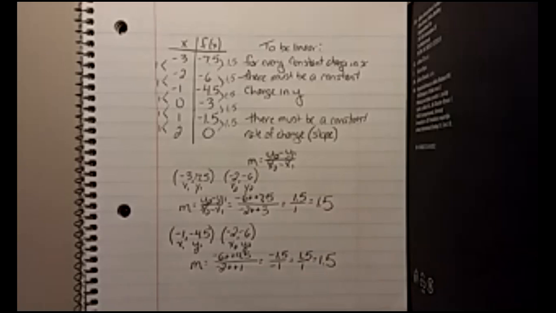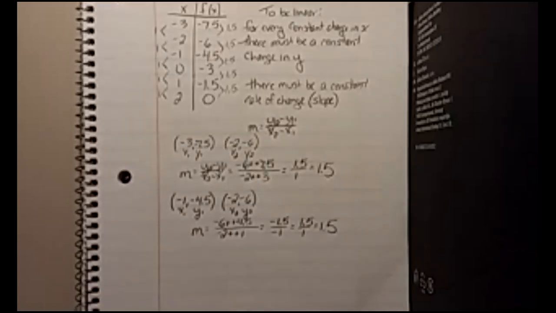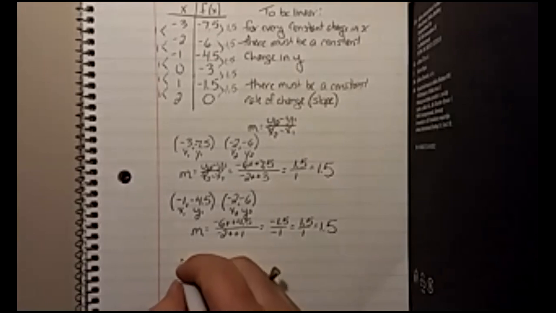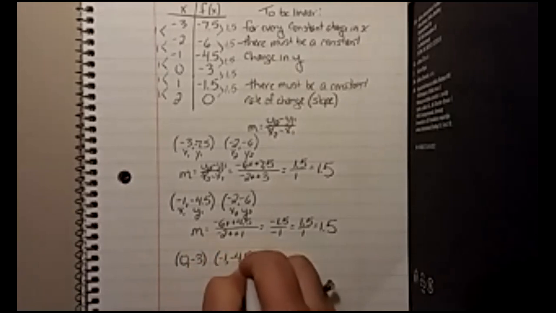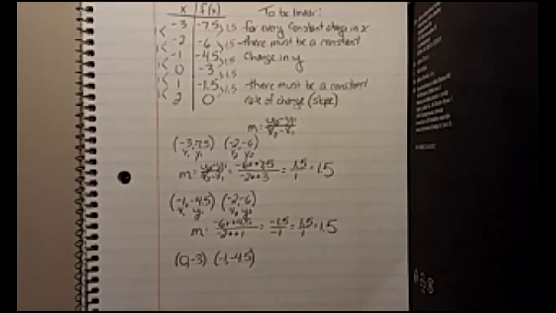Keep checking it out all the way down. So the next set of ordered pairs would be 0, -3, and -1, -4.5. Calculate the slope again. Slope is going to be -4.5 minus -3 over -1 minus 0.